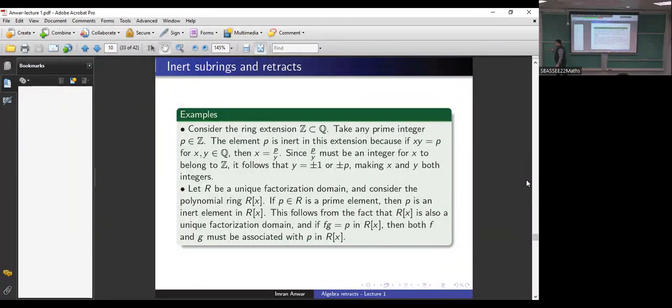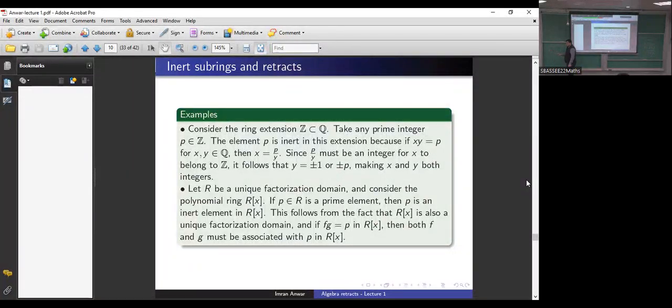Now, from this condition, one constructs the value of x. Because this is an integral domain, I can assume x is p over y. Now, taking the possibilities of y, in order to have x as an integer, the only possibility is that y should be plus or minus one and plus or minus p.